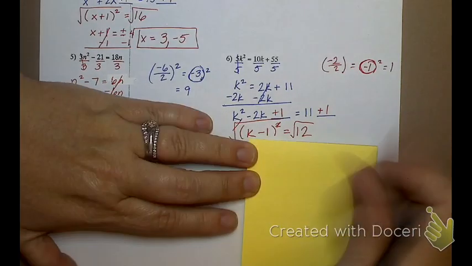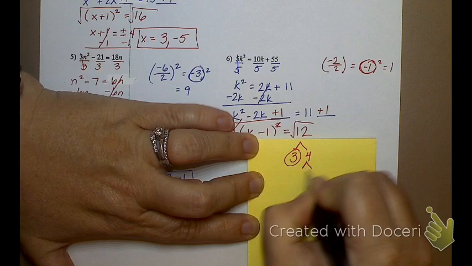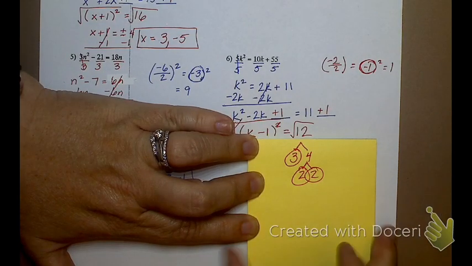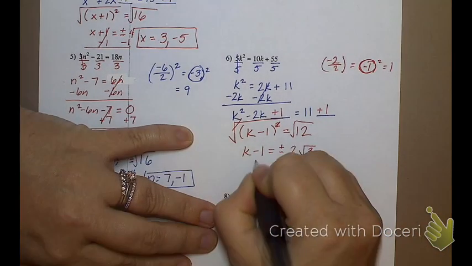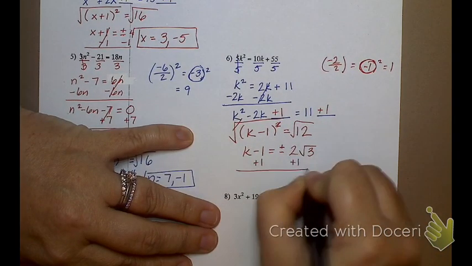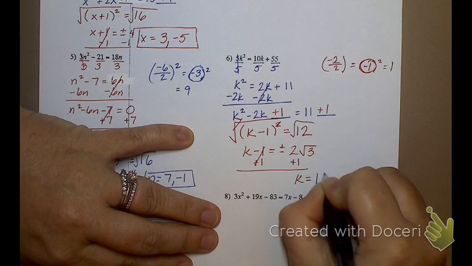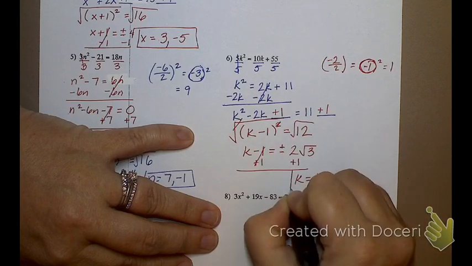If I make a tree for 12, 3 and 4, 2 and 2, 2 rad 3. Add my 1, and what does k equal? k equals 1 plus or minus 2 radical 3.